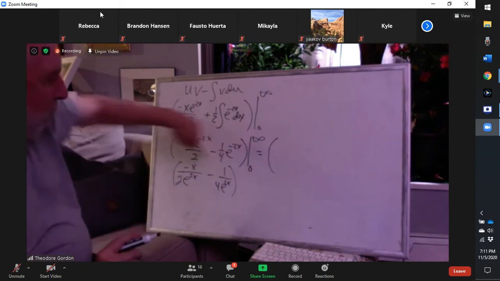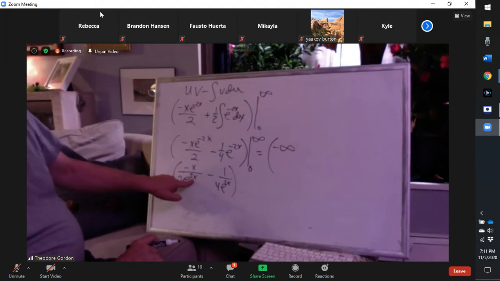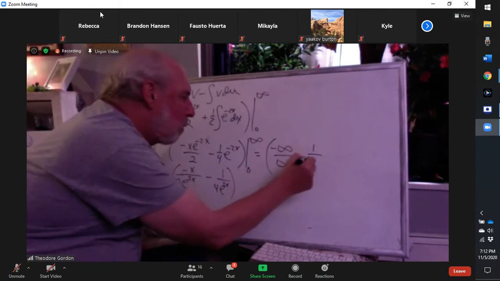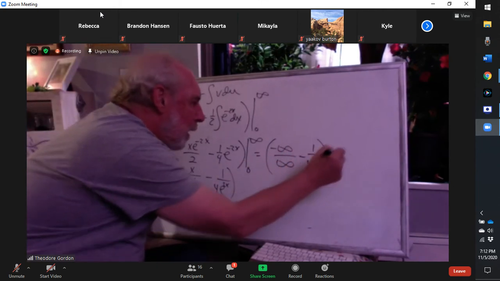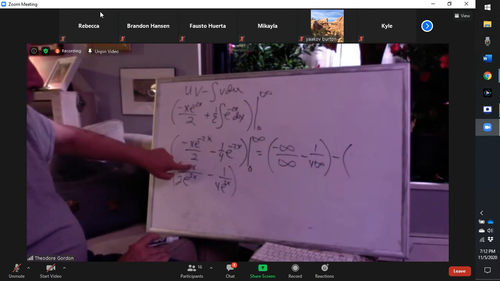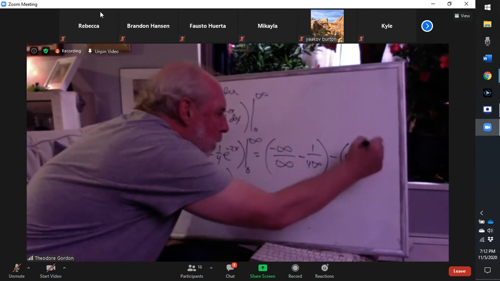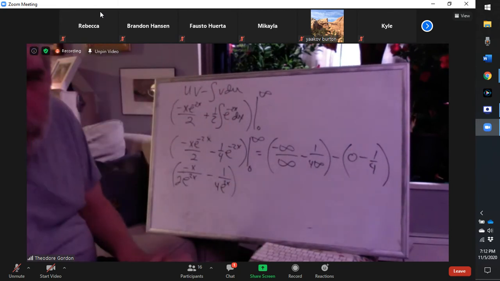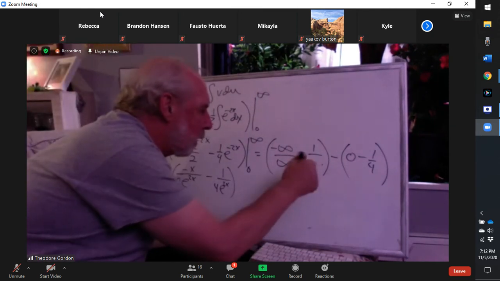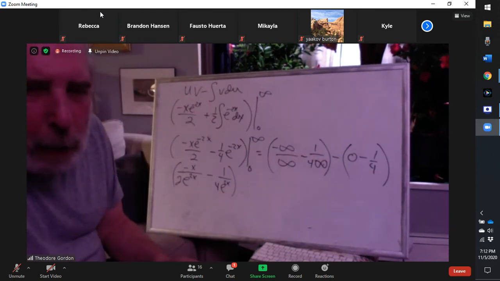Now we plug infinity in, and we get negative infinity over e to the 2 times infinity, which is infinity. Then we get minus 1 over 4 times infinity, minus, now we put the 0 in. We have a 0 on top, that's just 0. And then we get minus 1 over 4. So those are the numbers all in place. I'll pause here for a second. Has anybody got a question yet?